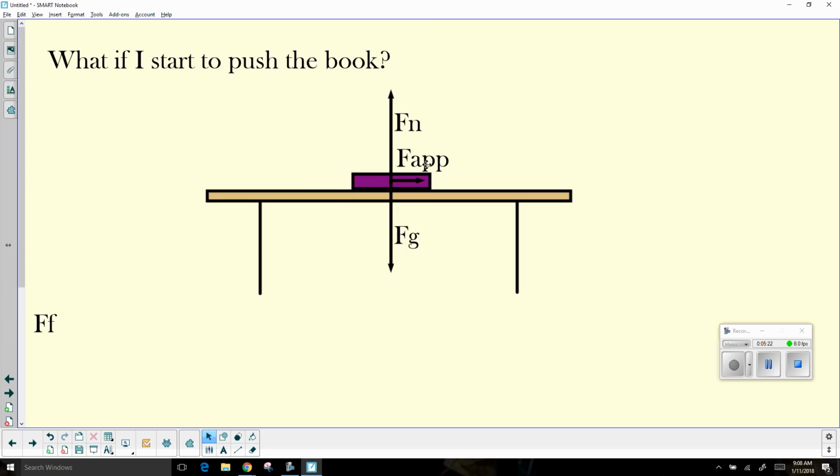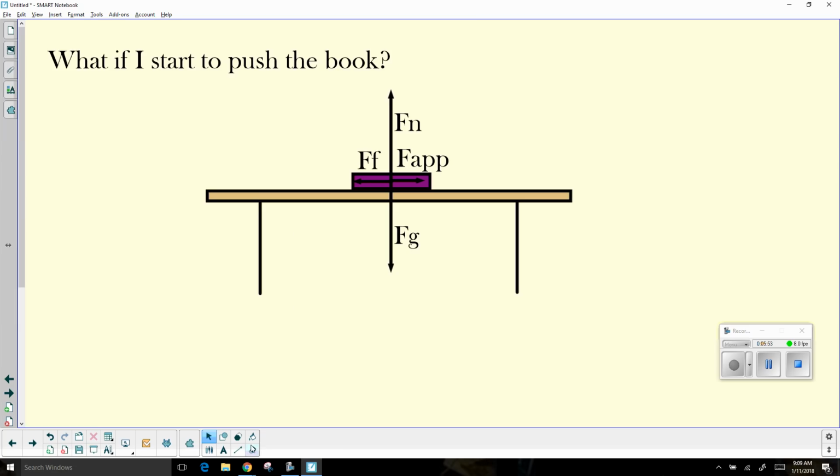Anytime I apply a force to an object sitting on a surface, there will be a resistance force to resist that object to move, and that is what we call friction force. And the friction force will work opposite of the applied force, and it's going to be, when the book has not yet moved, equal and opposite to your applied force.